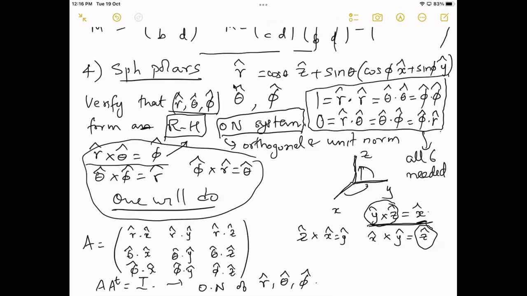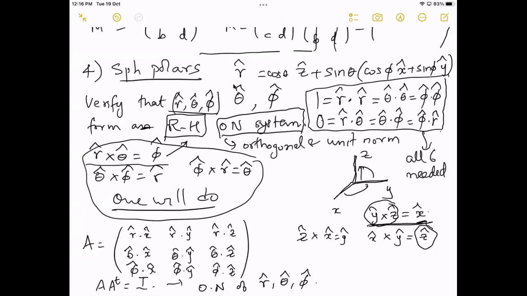If I do r cap dot theta cap is 0, and then I show that r cross theta is equal to phi, that implies that phi is perpendicular to both. Okay. Look, you are replacing one of these conditions with some cross product condition. So yes, you are welcome to do such things. We cannot eliminate one of these altogether, but you can replace it with some other condition if you like. Just check that it is valid. Is that what you meant?